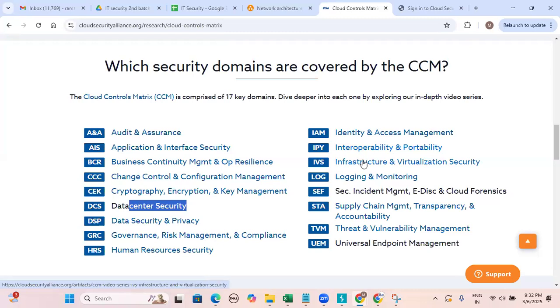Infrastructure and virtualization security. What virtual networks, virtual machines, and virtual private circuits are we creating? These may be part of our network firewalls, load balancers, application gateways, VPN gateways; everything will fall in infrastructure. In any virtual machine you are creating, you can make sure of that.